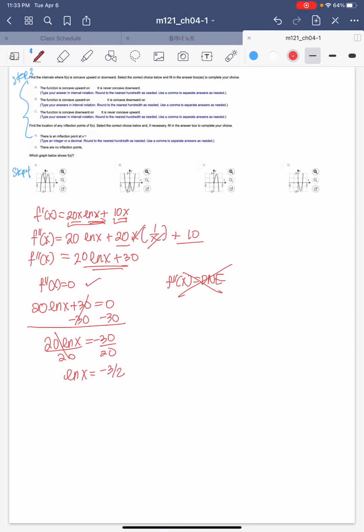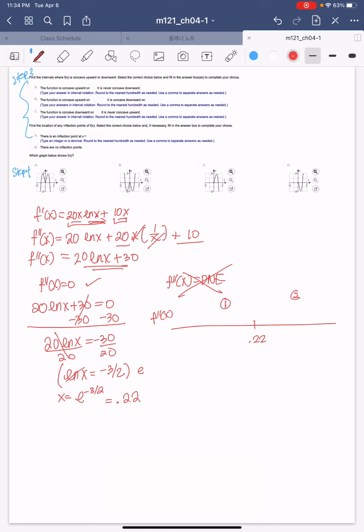The only way to get rid of ln x is to apply the e function. So x equals e raised to the negative 3 over 2. In a decimal value, rounded to 2 decimal places, I get 0.22. Okay, so that is my possible inflection point.